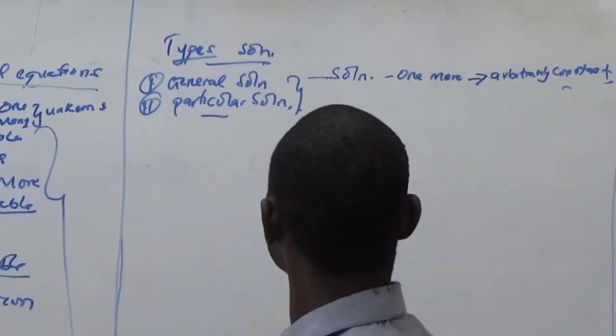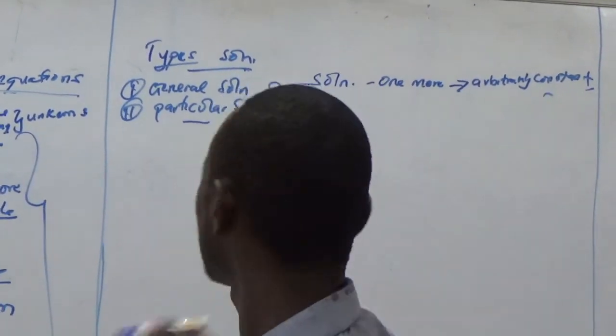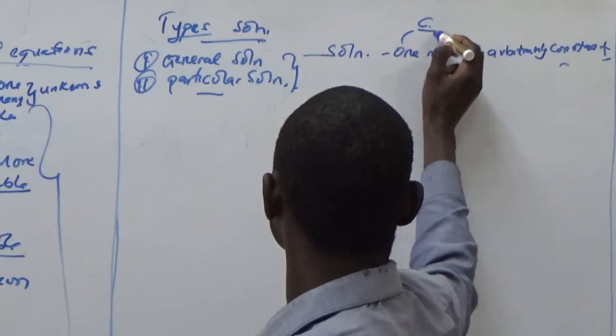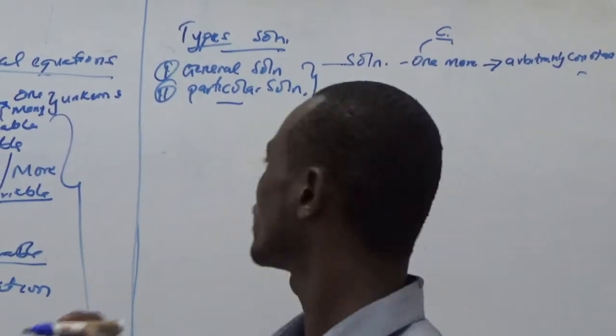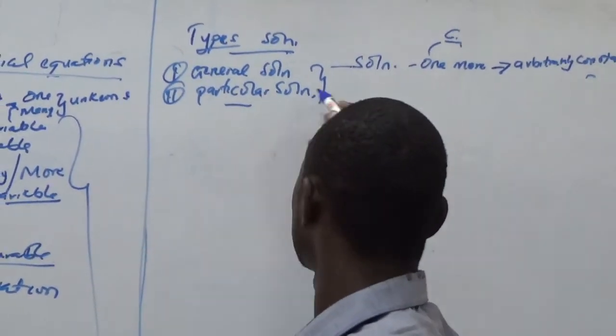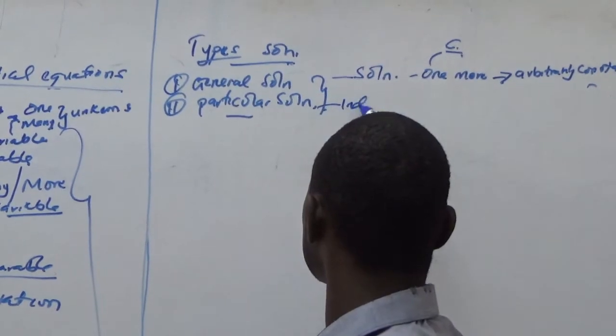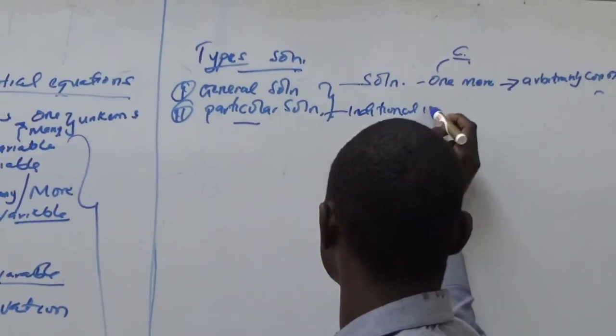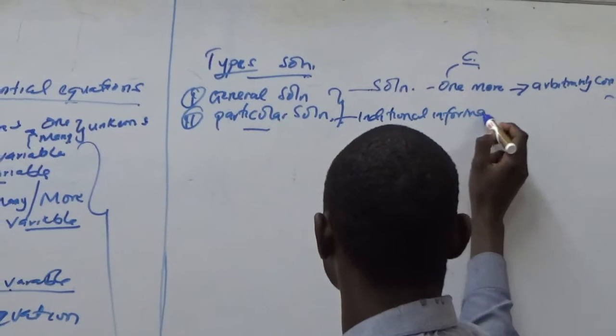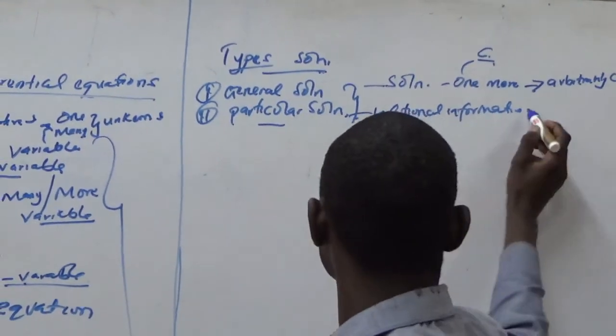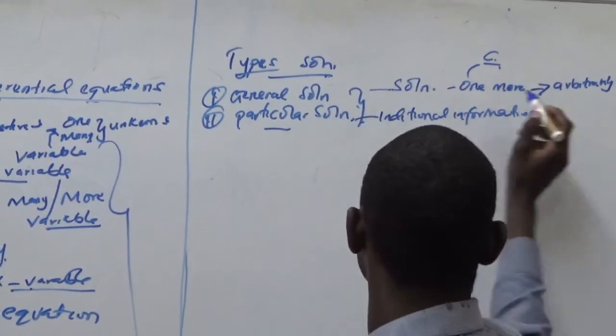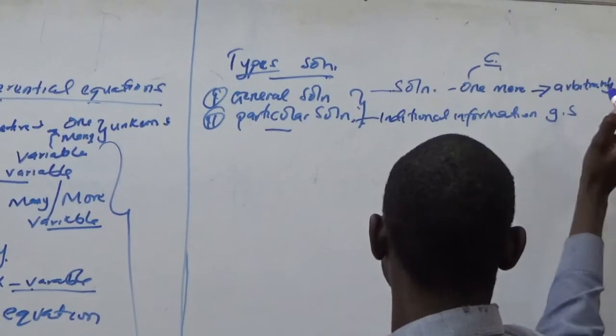In this case, we are finding the arbitrary constant in the form of a constant C. Then when we are told to find a particular solution, this is just additional information from the general solution.